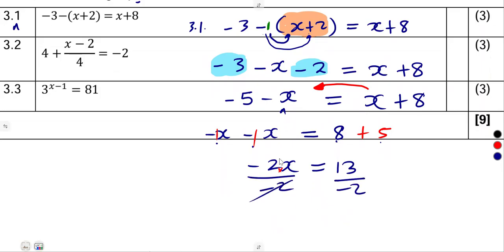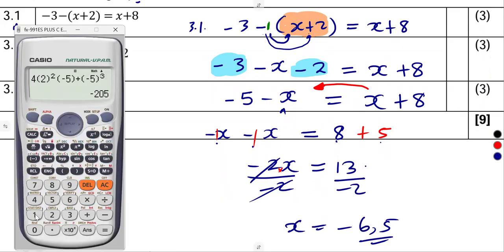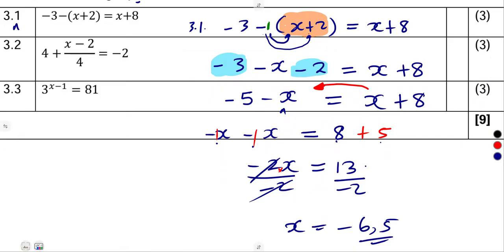Negative 2, both sides, to get rid of that x. So 13 and negative 2 is going to be negative 6,5. We can just use our calculator here. 13 over negative 2. All right, so that's minus 13 over 2. Change this on SD. That is to decimal, negative 6,5. All right, just like that.